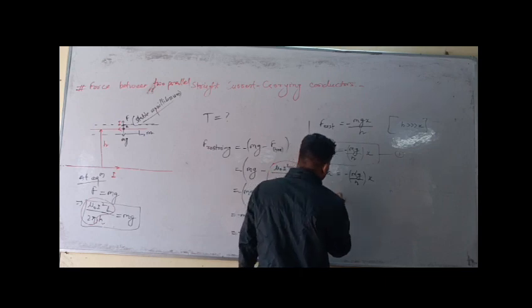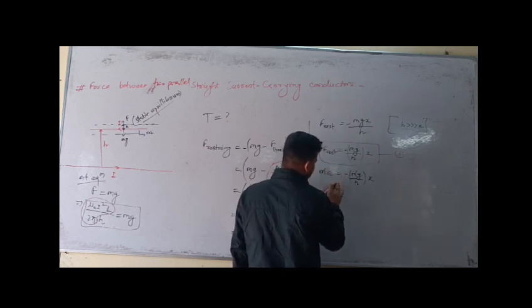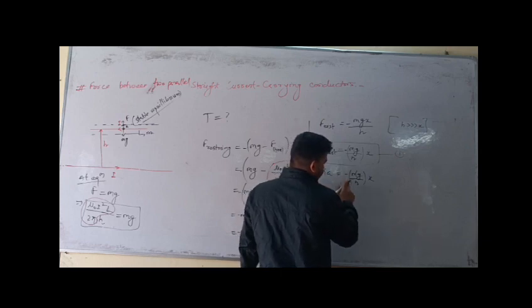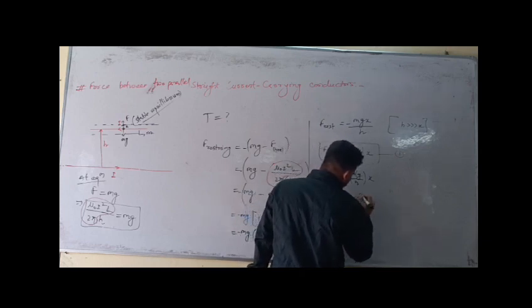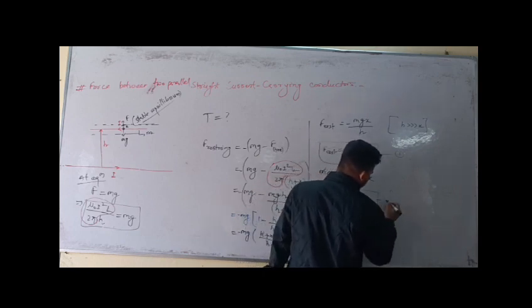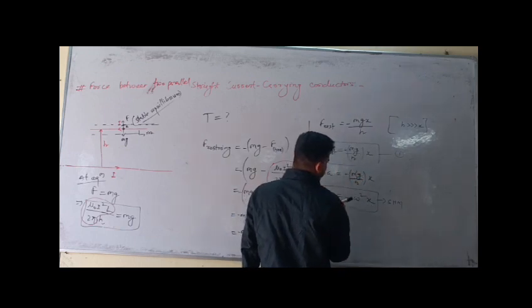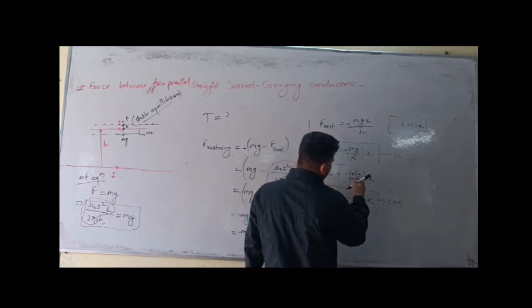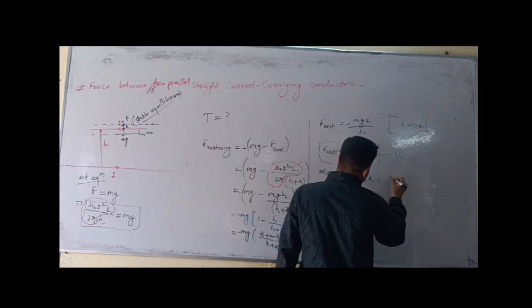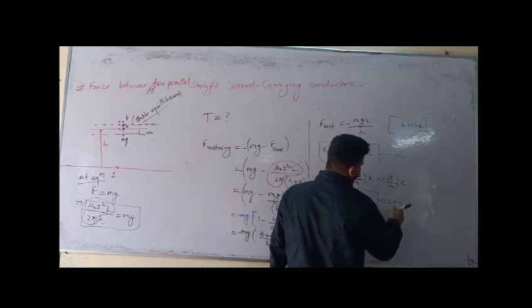A equal to, actually don't write the negative sign because it is already given here. What is this? Minus omega square x. This is the standard equation for SHM, na? Yes or no? And we obtain this equation. What is this? A equal to minus g by h into x, na? Yes or no?